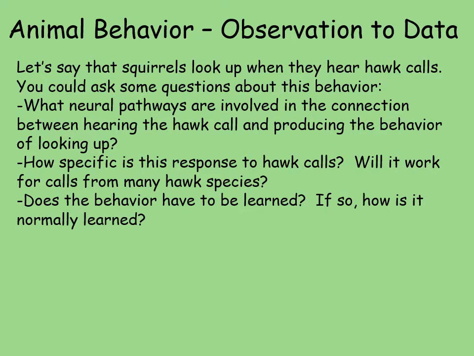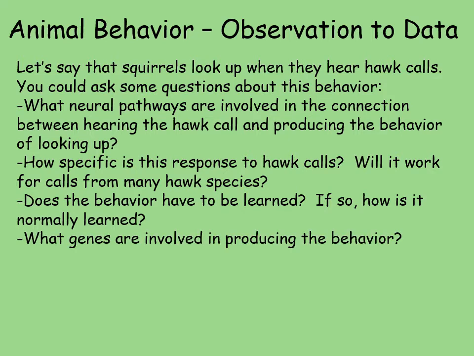Does the behavior have to be learned? If so, how is it normally learned? There are different processes of learning. So what is the normal way that the squirrels learn this behavior? What genes are involved in producing the behavior? If there's some type of genetic predisposition for this behavior, what genes are involved?